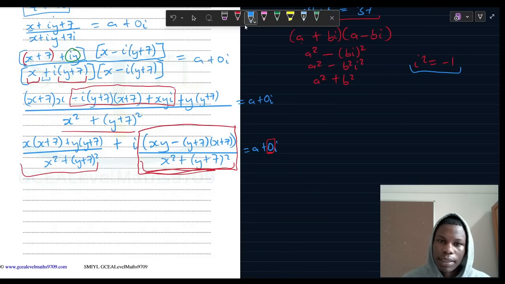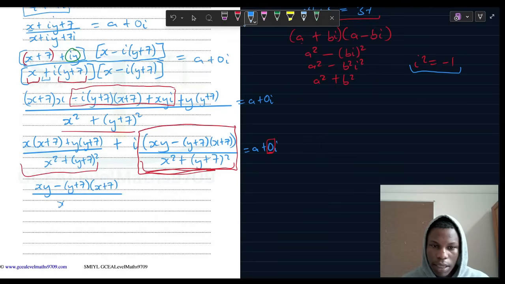And so we can say (xy minus (y plus 7)(x plus 7)) over (x squared plus (y plus 7) squared) is equal to 0. You can drop the i's on both sides because they're common.